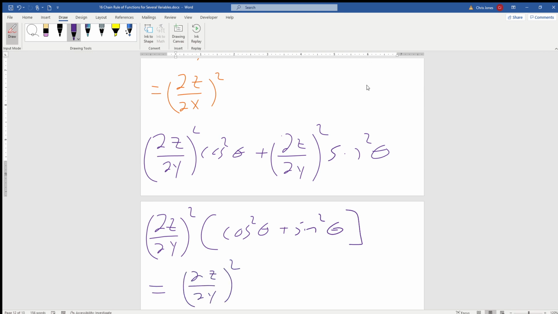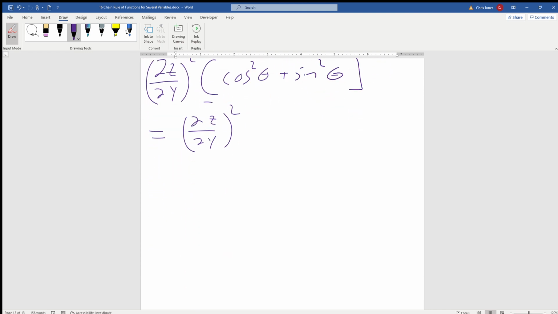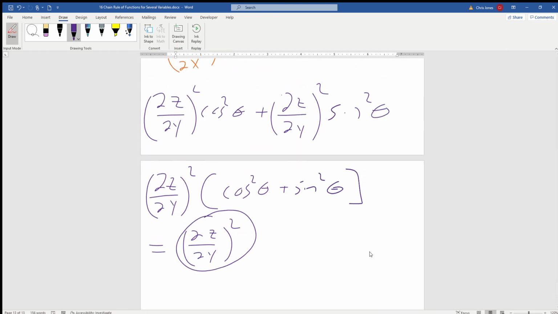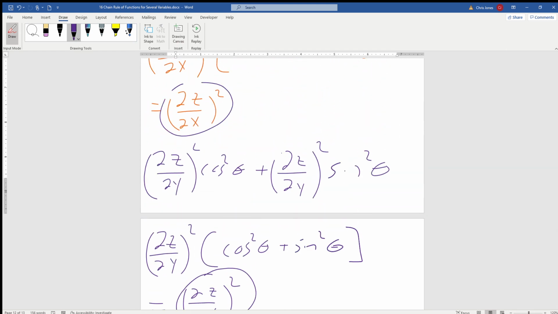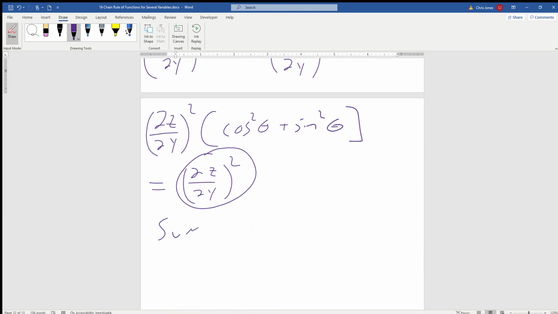All right, so the sum of everything, if we just go back, we have this left over, and we have this left over. All that's left is that the sum of, now remember at the very, very beginning, we had partial z partial r square plus 1 over r square partial z partial theta square.